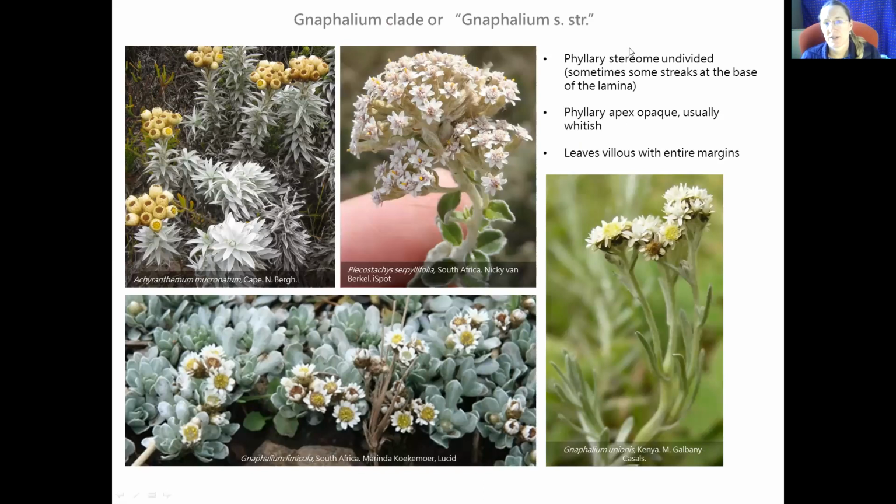And as I mentioned, the stereome is undivided in this group, although sometimes there's some thin streaks at the base of the lamina, which has been taxonomically confusing in the past. The apices of the phyllaries are opaque and usually whitish or cream colored, and the leaves are quite hairy with strictly entire margins. This is Acamptopappus from the Cape, and South African Plecostachys and Gnaphalium, and Gnaphalium from Kenya.